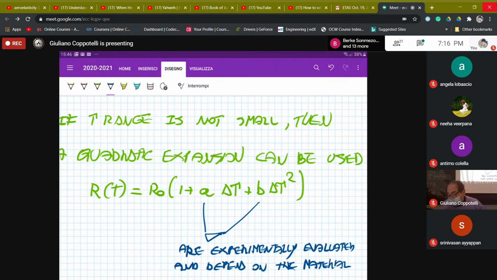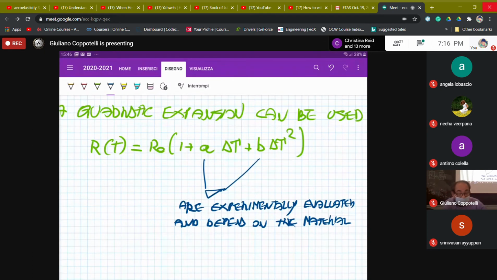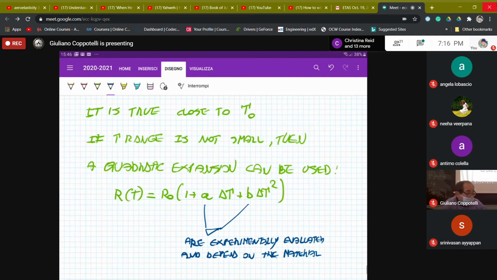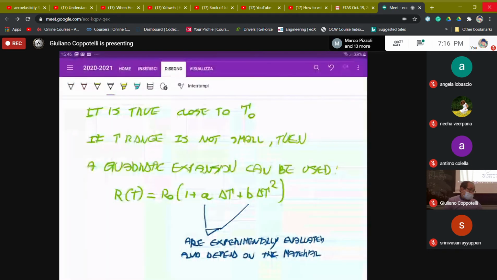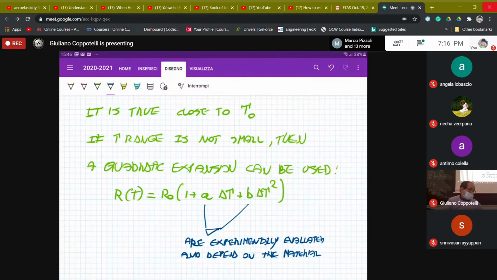Okay. And remember, when we were dealing with the strain gauges, we made a comparison, and we found out that if there is a temperature change, then there was an apparent strain.